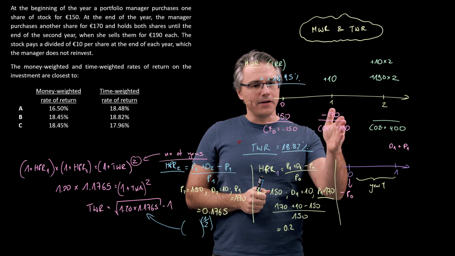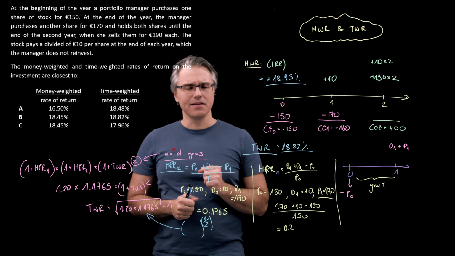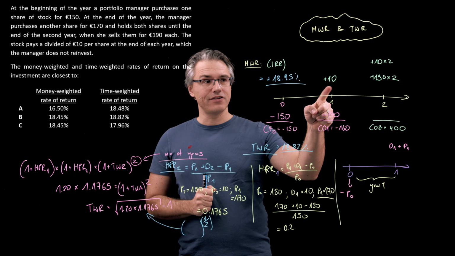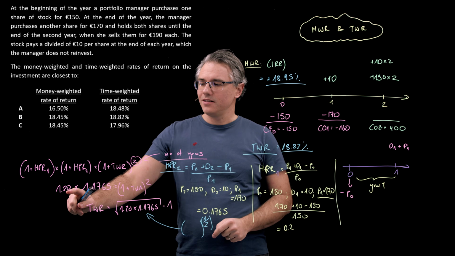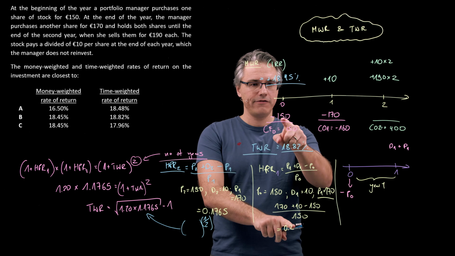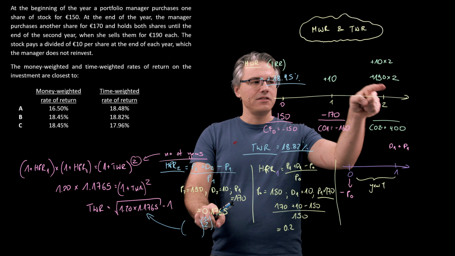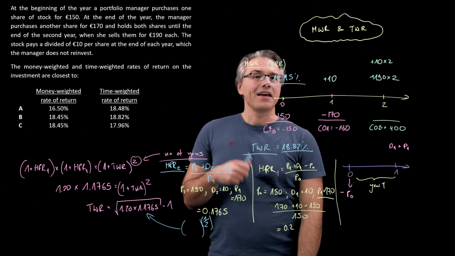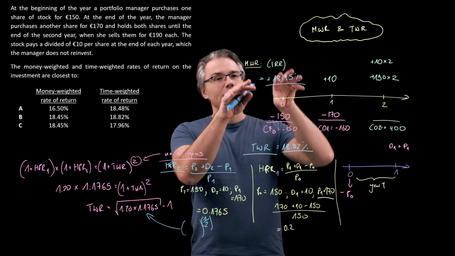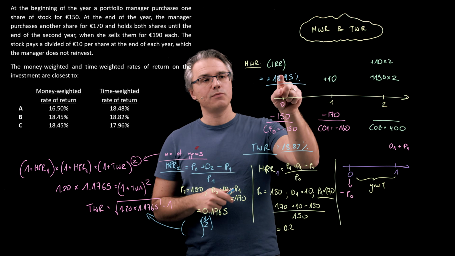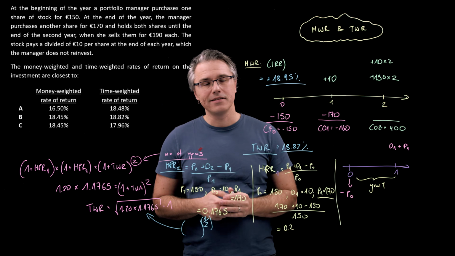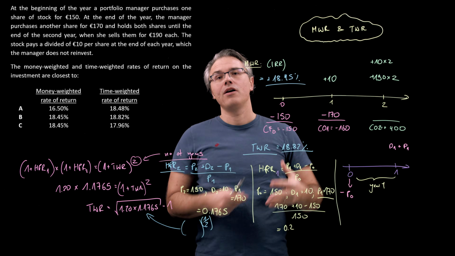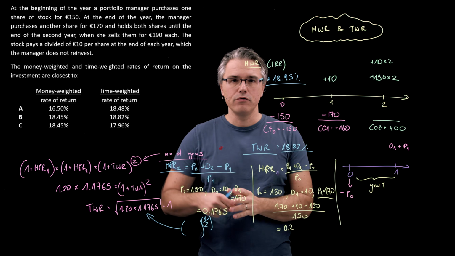Was it here or here? Now, the problem is this fund manager delivered better performance in the first year than the second, because they delivered 20% in the first year, and then only 17.65% in the second year. However, they had more money in the second year, which weighs on this performance measure because it's money weighted, meaning the more money you've got invested, the higher impact that has on your overall performance as measured by the MWR.